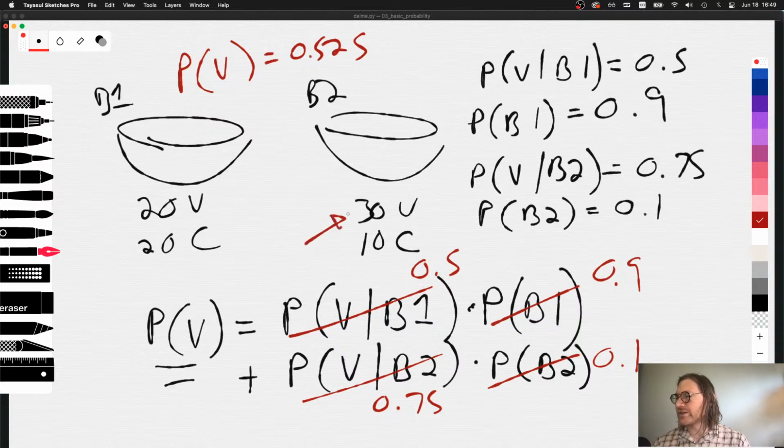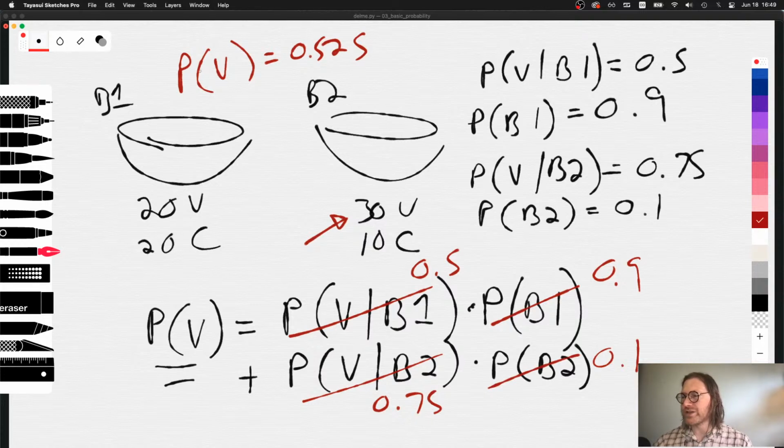So in this case, there's more weight of vanilla in bowl 2. There's also more weight of vanilla overall, but since bowl 2 has been vastly reduced in its weight, the effect of this 30 out of 40, this 0.75 probability for vanilla, has been lessened in the overall composition.